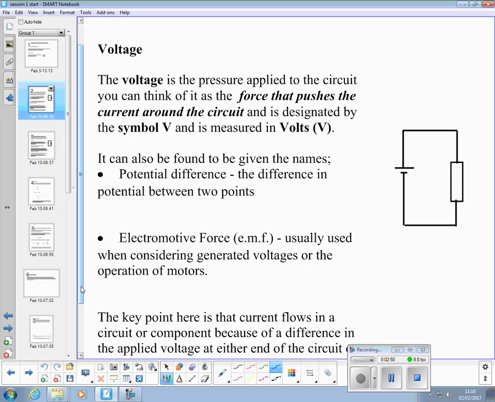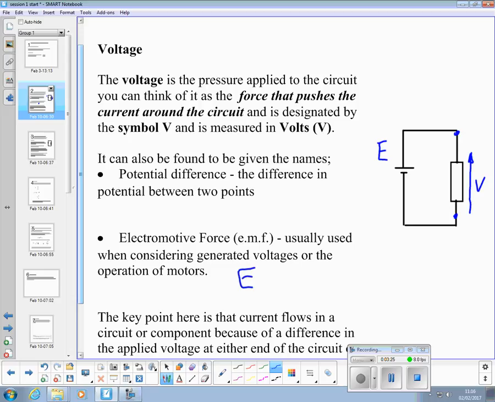Another term is electromotive force, often with the symbol E. It is standard to say that sources are often designated E instead of V, electromotive force, whereas we talk about the volt drop across that resistor, or the potential difference between that point and that point in the circuit.